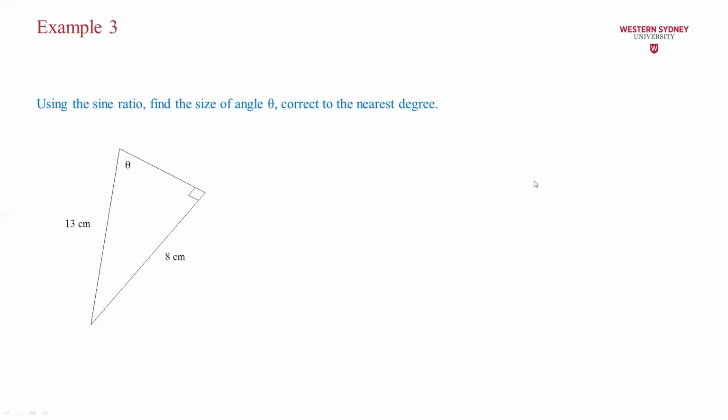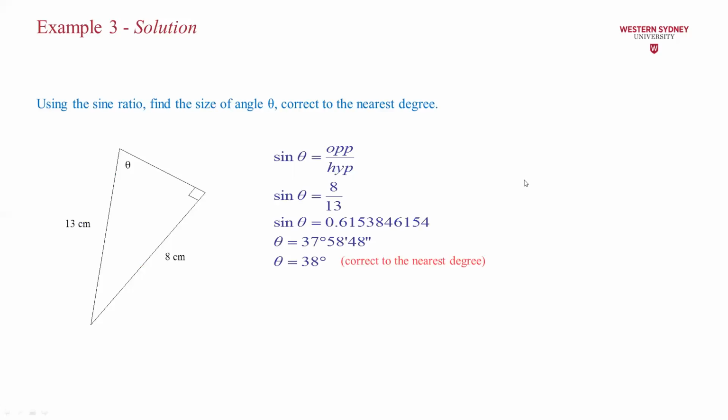Example 3. Using the sine ratio, find the size of angle theta, correct to the nearest degree. Noting firstly that it is a right angle triangle, then we're able to use sine, cos, or tan. Because we have the hypotenuse, the side opposite the right angle, and the side opposite the angle, which is the opposite, we're going to use the sine ratio.